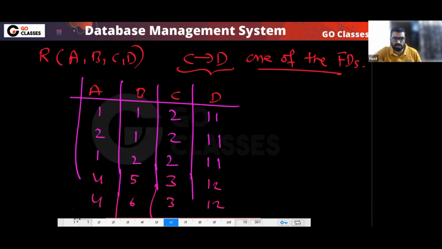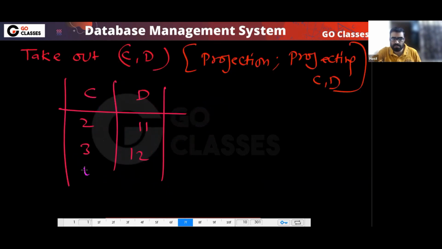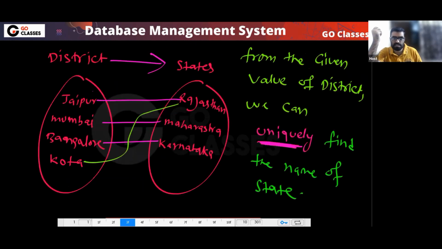No, bijection is not, see, how can you get bijection? For example, consider this 4 and this 11, 4 comma 11. You can get bijection only when it works both ways. Tarandeep, see here, every functional dependency is one way.